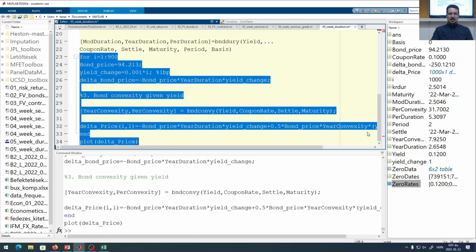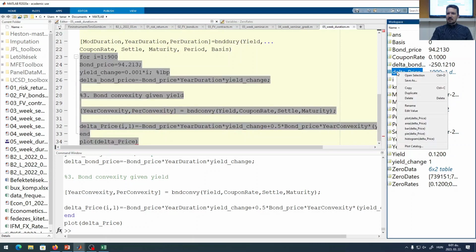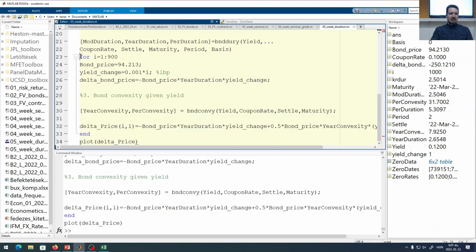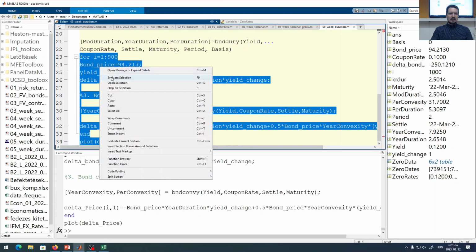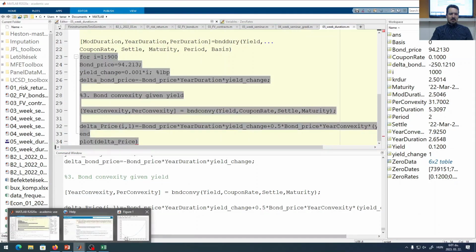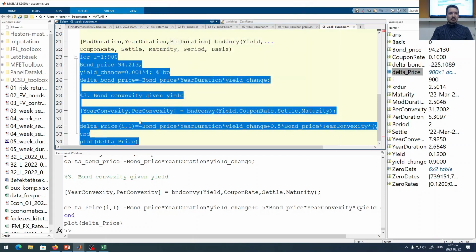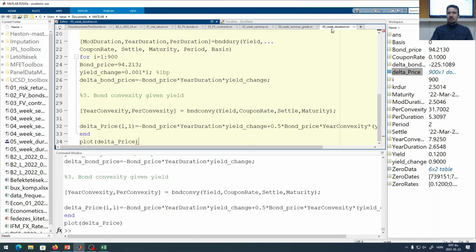So delta price. Let's not overshoot. So in this case, we can see that it's decreasing in terms of price, and after that it's increasing. Okay. So that was for today.